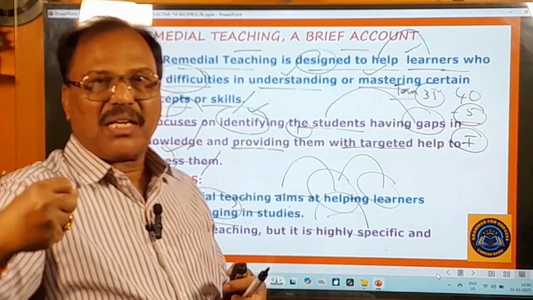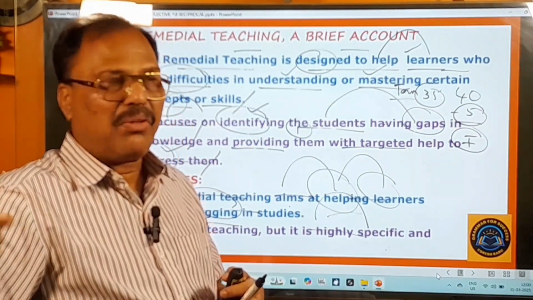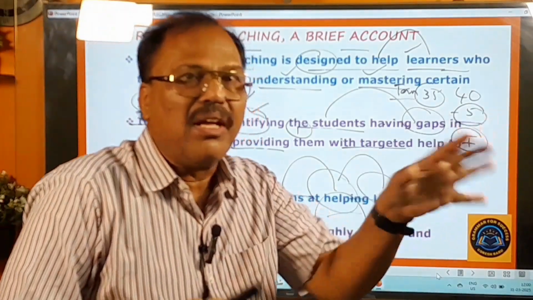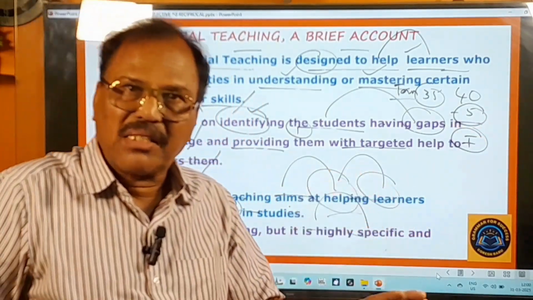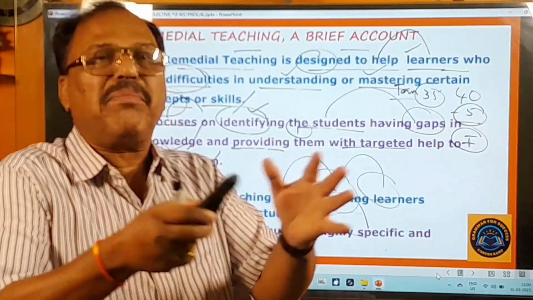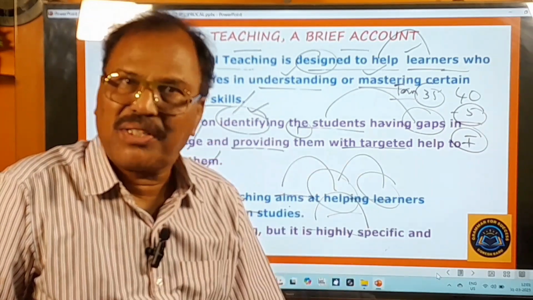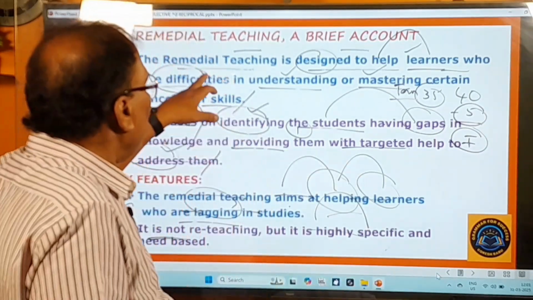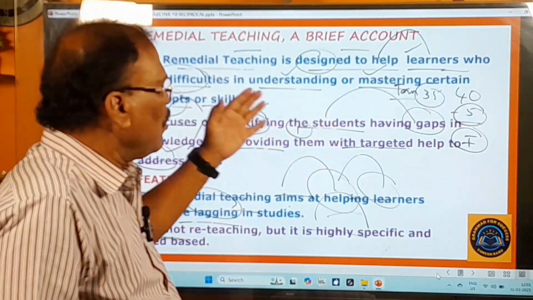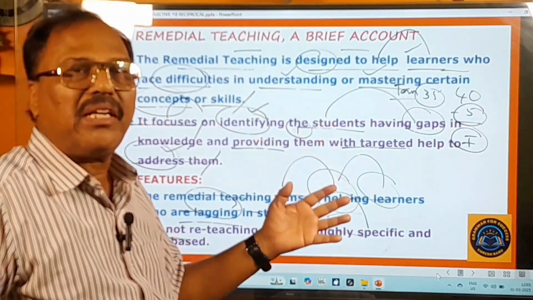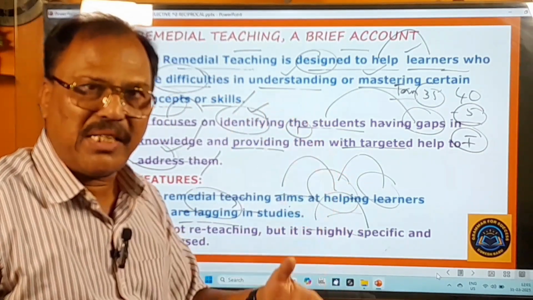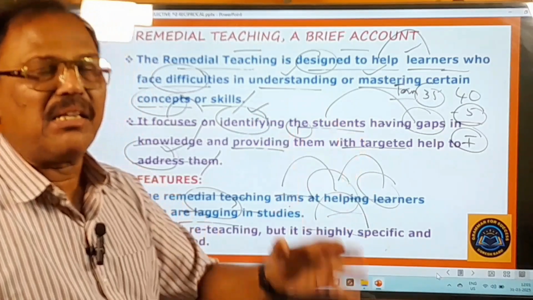If 5 students are lagging behind in studies, and only 35 students are moving forward, that is not called a good class. All the students must be made equal in acquiring knowledge. So that's why this remedial teaching will come to the rescue of those students that are weak in studies, that are poor in studies, that are backward in studies, and all that.